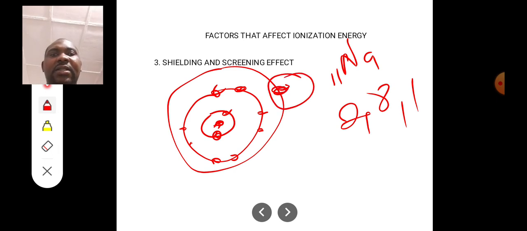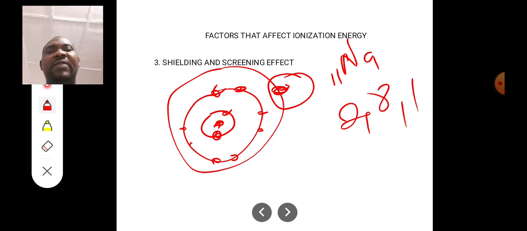This one here is the outermost electron. Inner electrons are shielding the outer electron from the effect of the nucleus, and as this shielding effect keeps increasing, the ionization energy keeps getting lower. It becomes easier to remove the valence electron from that particular atom. So the shielding of the outer electron by inner electrons is called primary screening effect.